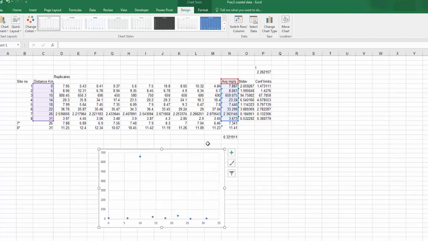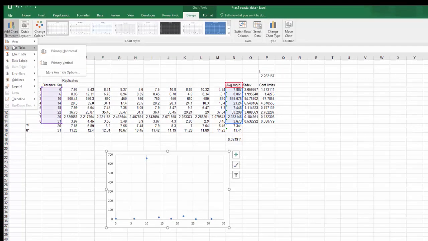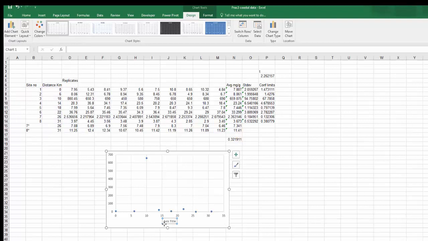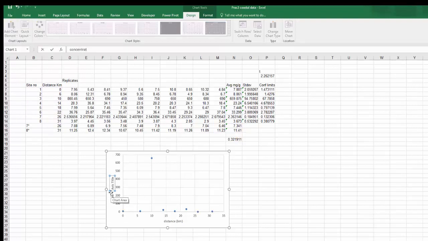We do need to add axis titles, horizontal axis title, the distance, kilometers, and the vertical axis title, the concentration in milligrams per gram.